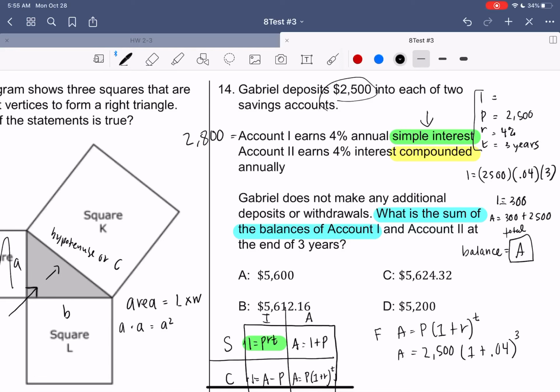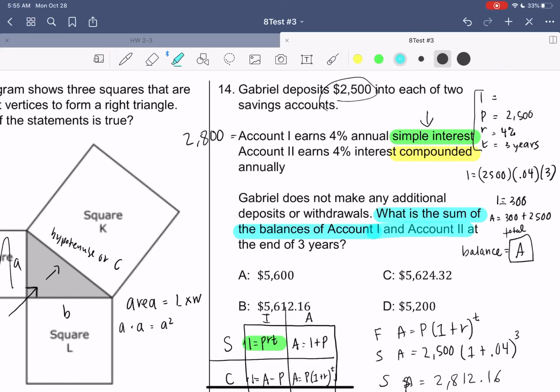So when I solve this, I'll plug it into my calculator and get 1.04. Our solution is A equals 2,812.16.